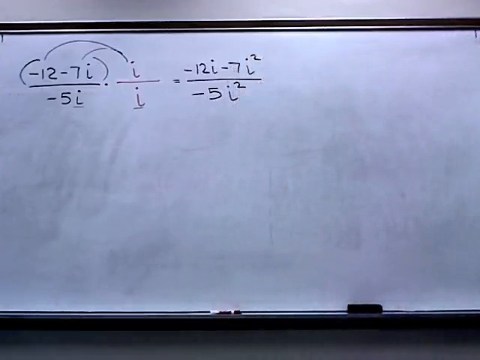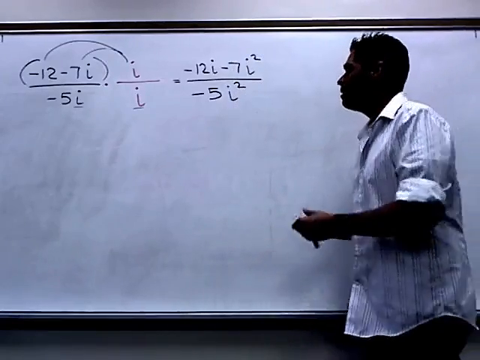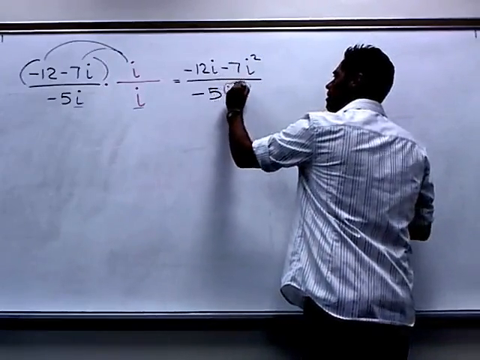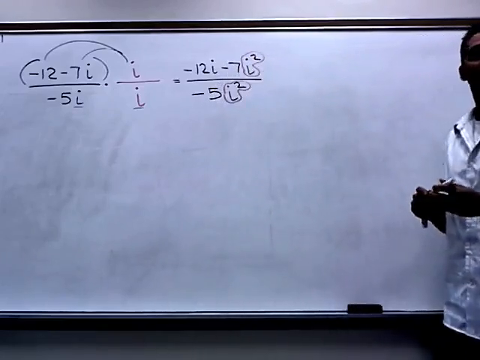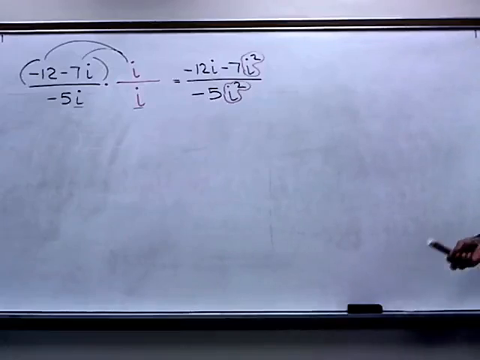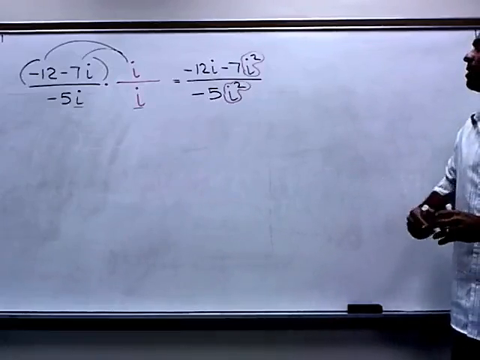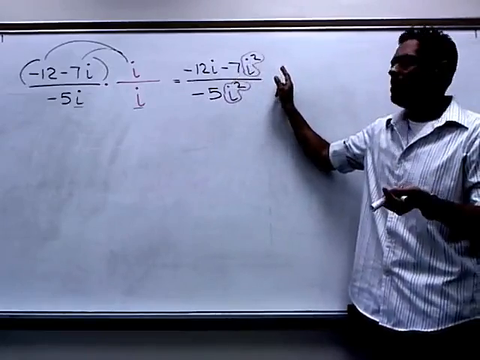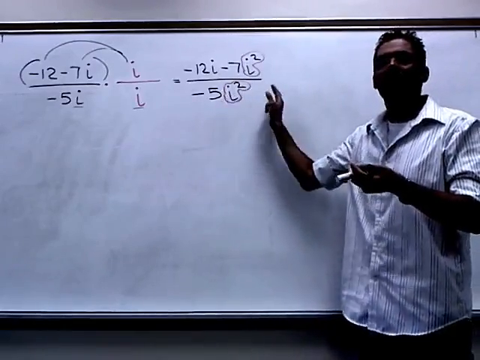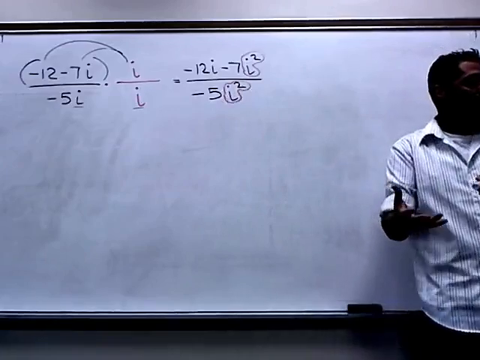Now, in walking around last class, in this class, and in my other class doing examples, I noticed a lot of students were changing all the i squareds into negative 1s. But then they were forgetting that it was multiplication. They were writing it like 7 minus 1 and making it a 6 or something like that, making it subtraction instead of multiplication of a negative.